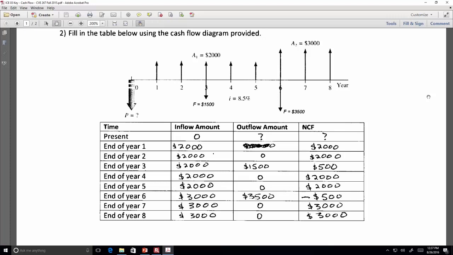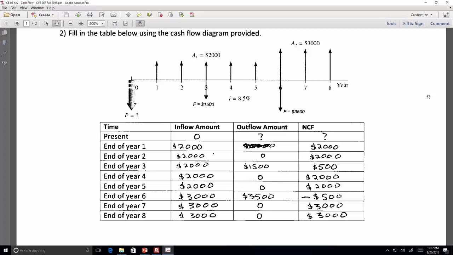The P with a question mark, this picture is really a problem statement. The reason why that line is so wide is to identify the unknown. What it's saying is all this stuff is going to happen in the future. In the future, you're going to get money. You'll have a couple of years where you have an expense.